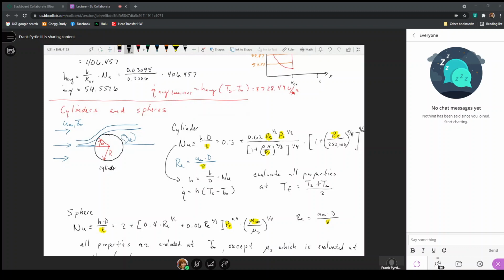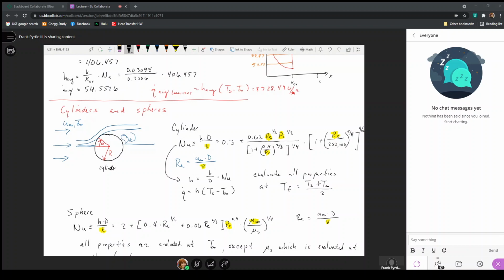Here, the Nusselt number is still defined as a heat transfer coefficient times a characteristic length over the thermal conductivity. But here, that characteristic length is just the diameter of either the cylinder or the sphere. And so there's only one value for the Nusselt number. It doesn't change as a function of position like it does for flow over a flat plate.